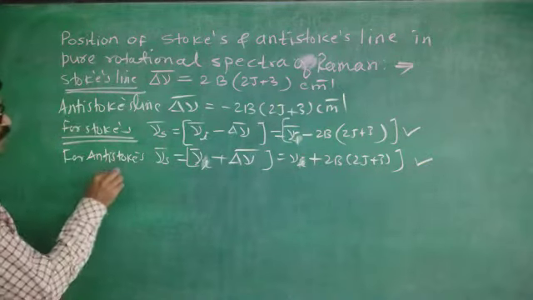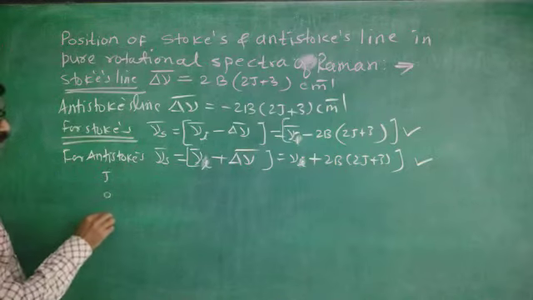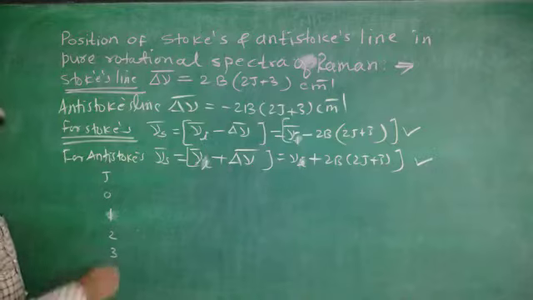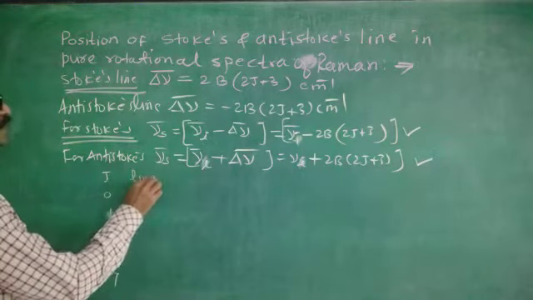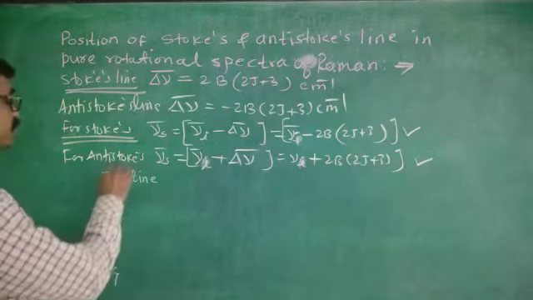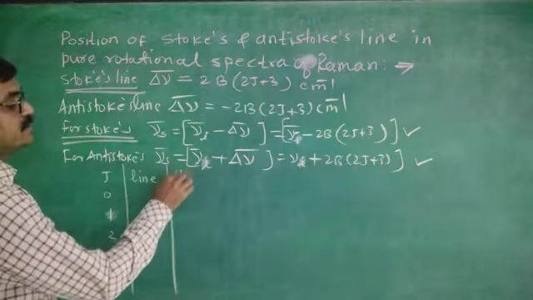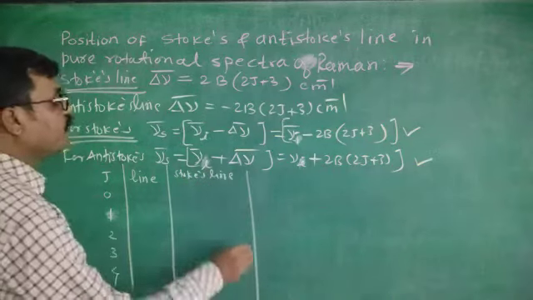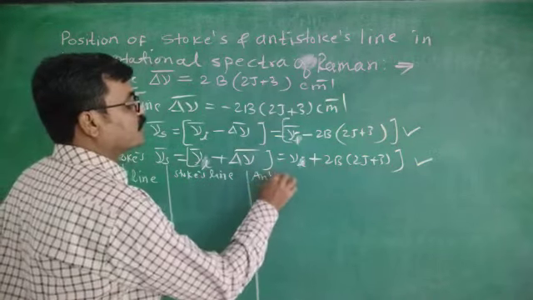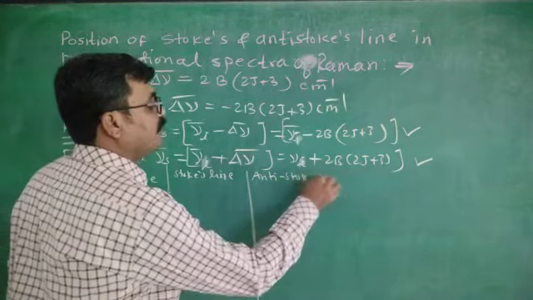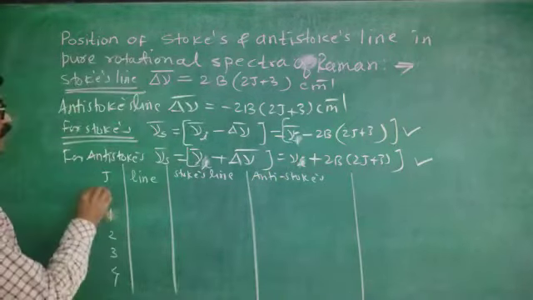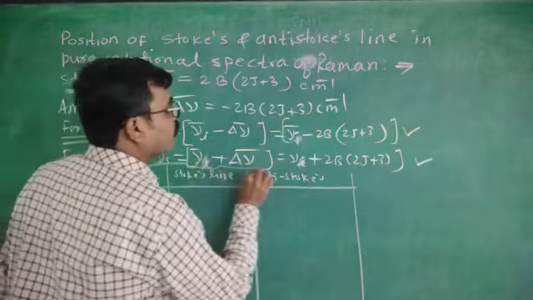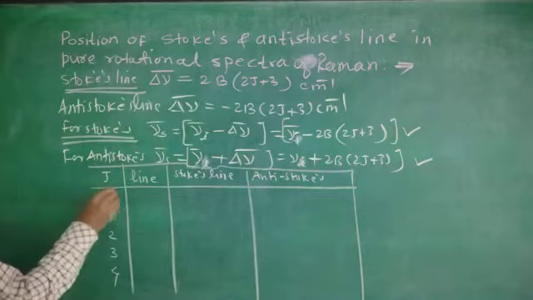If we consider different values of J, J equals 0, 1, 2, 3, 4 and so on, then for Stokes lines what will this value be, and for anti-Stokes lines what will its value be, it will be calculated in a simple way. Now see carefully, here you only have to put values in our expression.